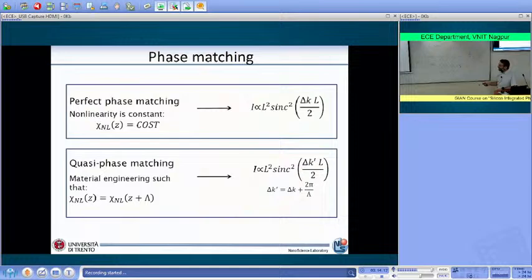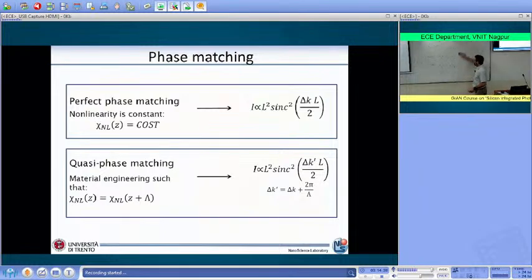What that means is that the longer the material, the higher the intensity of the generated photon. The more different from 0 the phase matching condition delta K, the smaller the generated photon intensity. And so the optimum situation is the one where delta K is equal to 0.